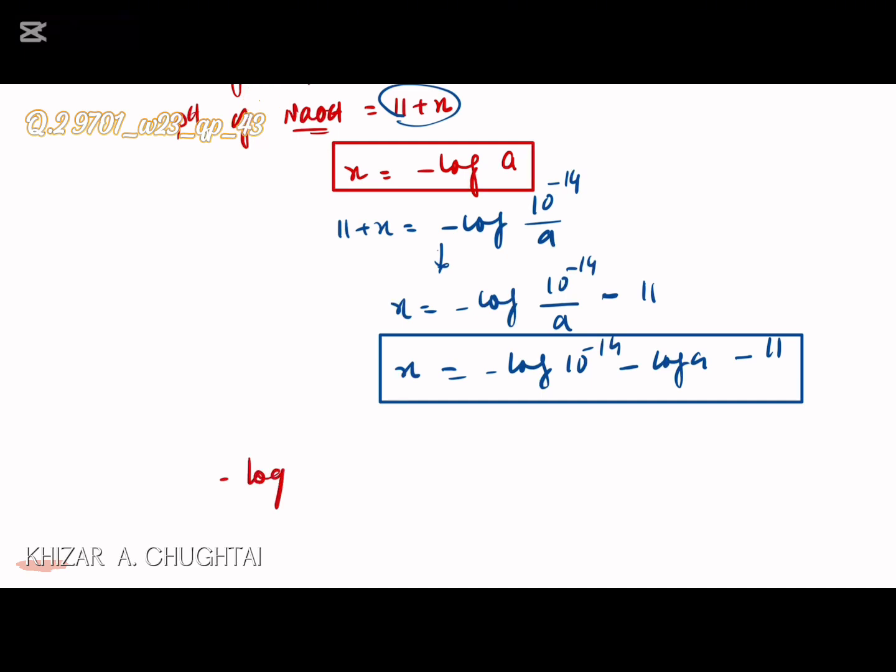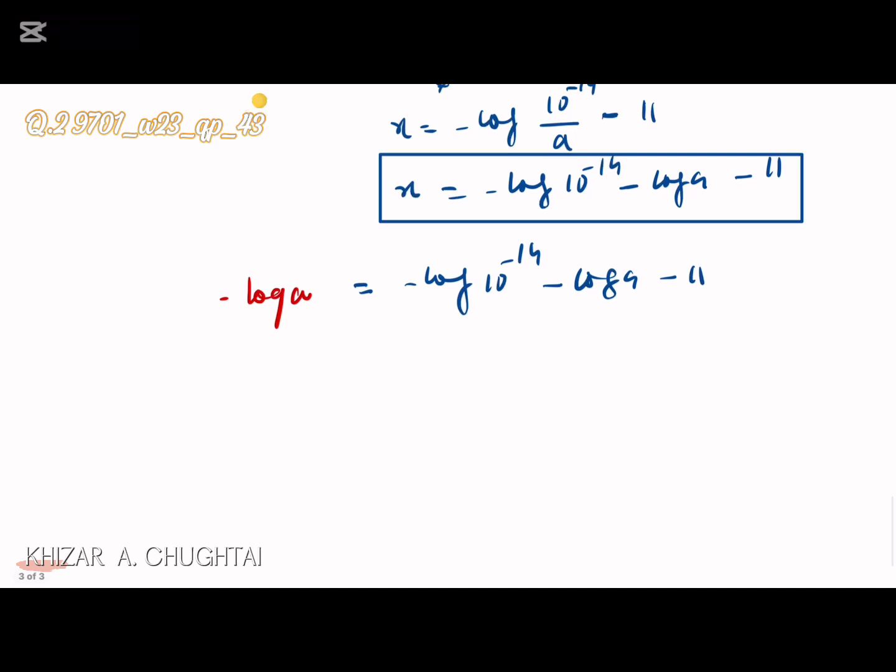I mean, minus log A is equal to minus log 10 raised to power minus 14, minus log A, minus 11. The answer of this portion is equal to 14 minus 11 minus log A.